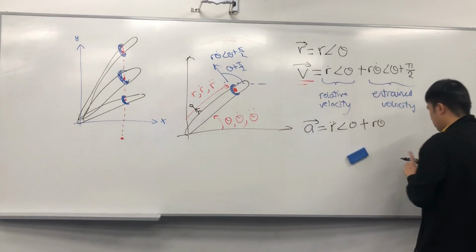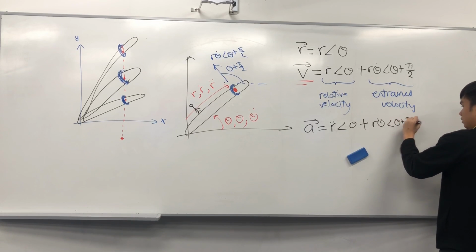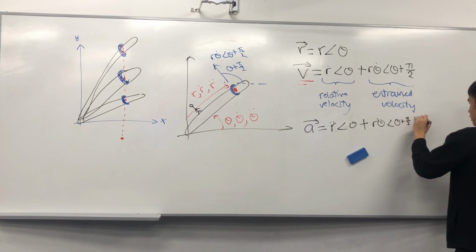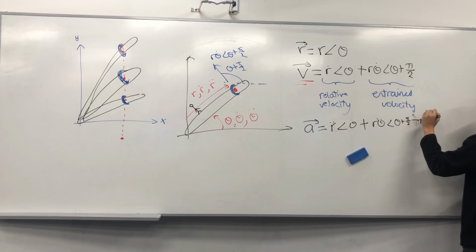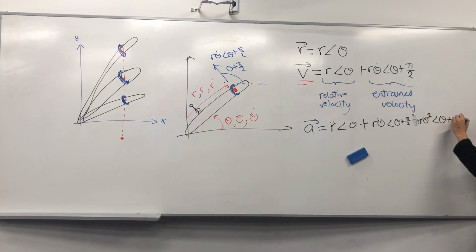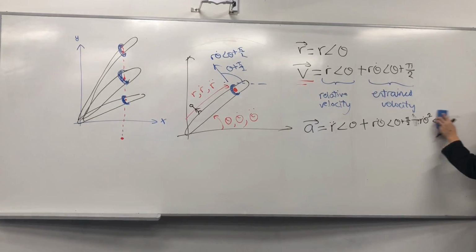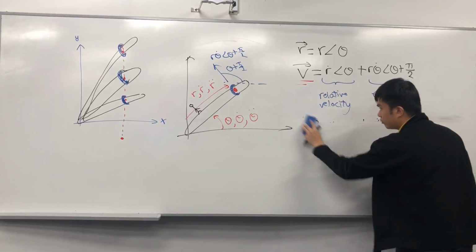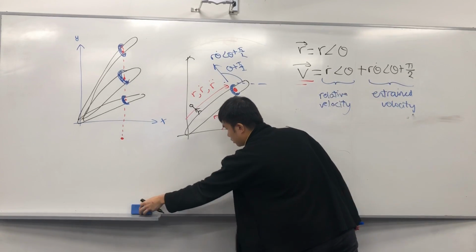R theta double dot, direction theta plus 90, minus r theta dot squared, direction theta, plus 2r dot theta dot. Okay, it's a bit awkward, the position here. Let me just put this somewhere here.